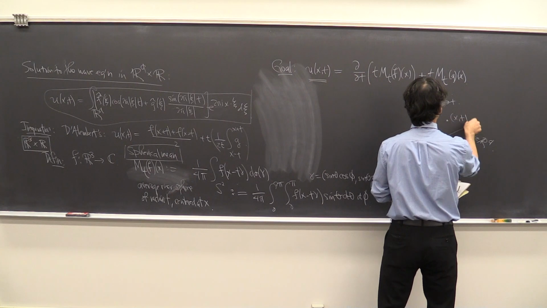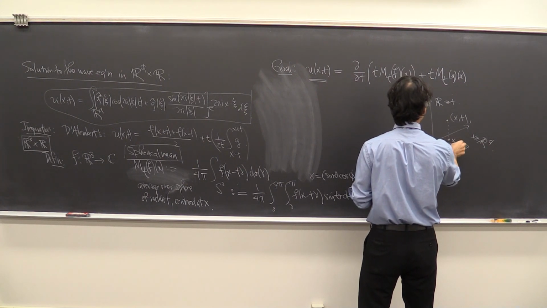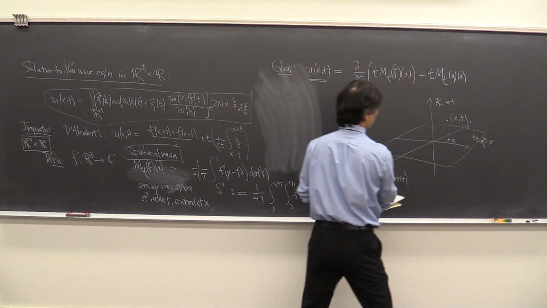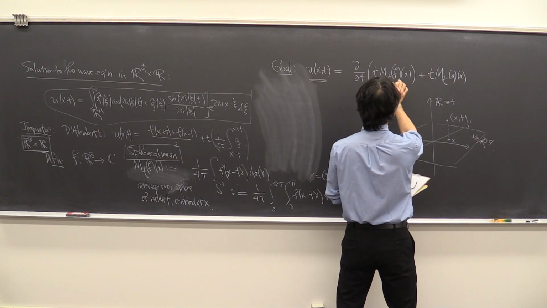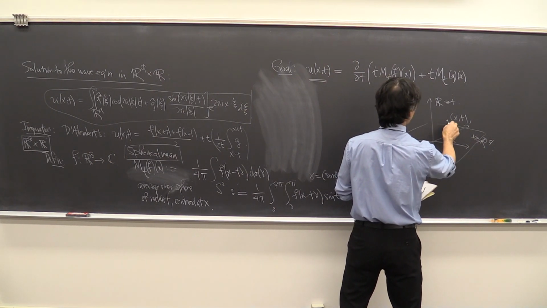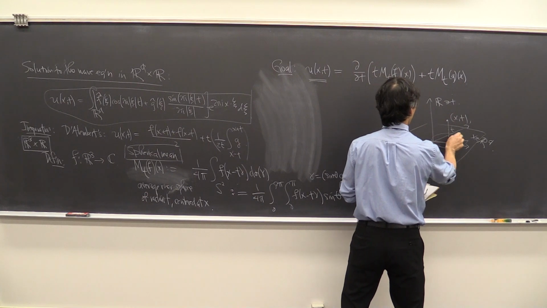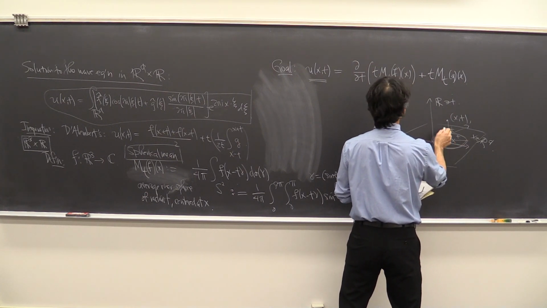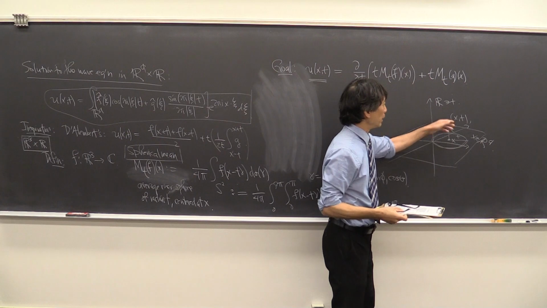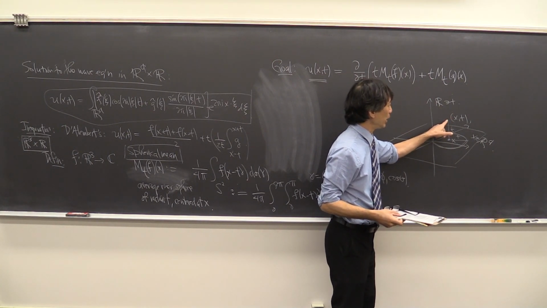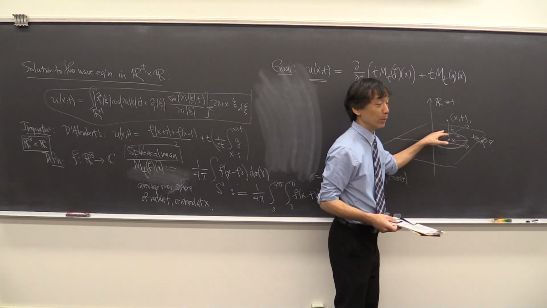If you're at some point (x, t), then what it says is that if you look at the initial data, remember the initial data is on R^d at time 0, then if you take the spherical mean of f of radius t, so this is height t, so you make a radius of t here, it says that the value of the wave at this point depends entirely on the initial data in a small neighborhood of this sphere here.